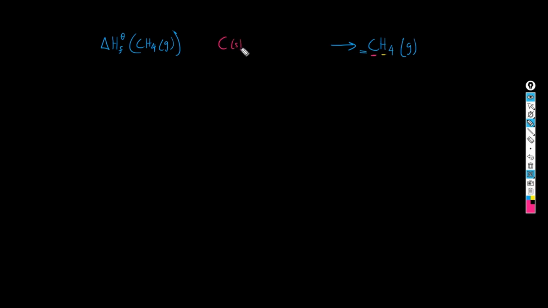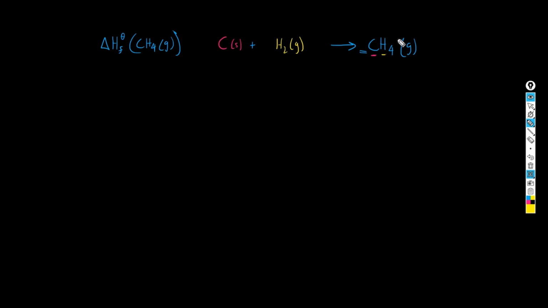So we'll put carbon solid plus the most common form of hydrogen, because hydrogen is diatomic, is H2, and hydrogen is a gas. Again, we need to remember that hydrogen is diatomic and that it is a gas. These are things you should have picked up along the way, and if you haven't, you will always remember the conversation we just had.